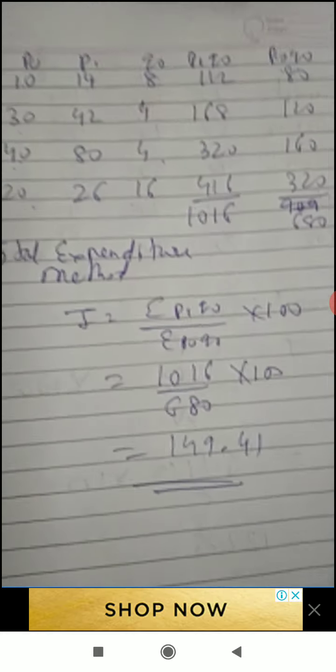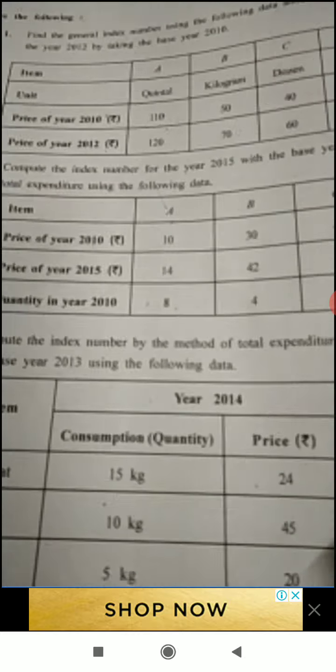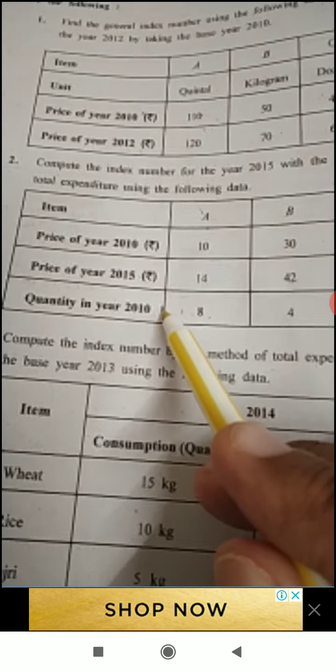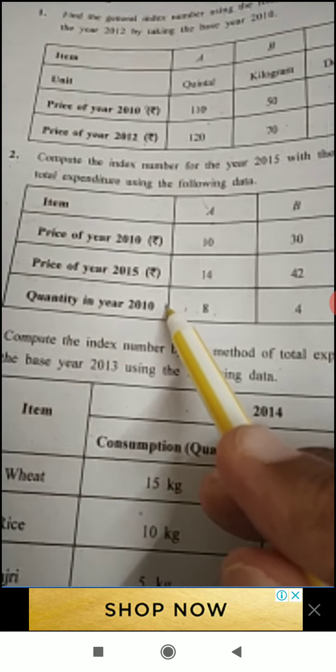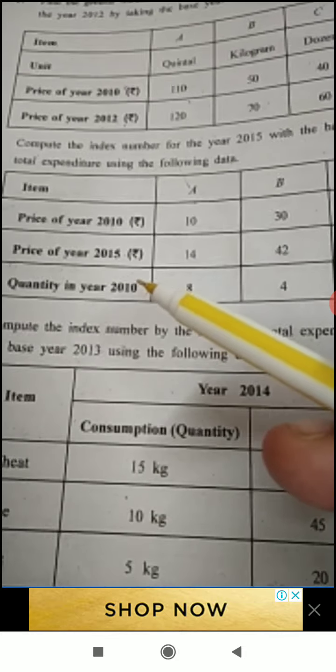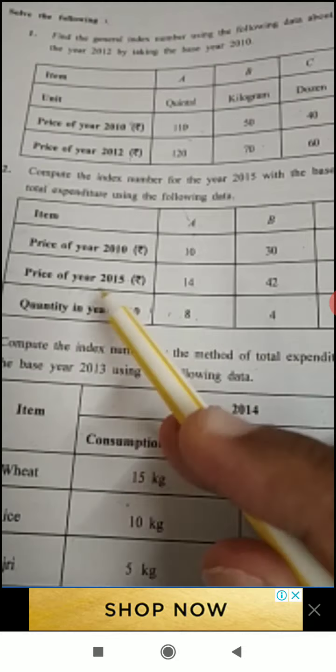Okay. So this is your total expenditure method. In short, the basis is that if Q0 is given in the question, then the formula is I equals to sigma P1 Q0 divided by sigma P0 Q0 into 100.